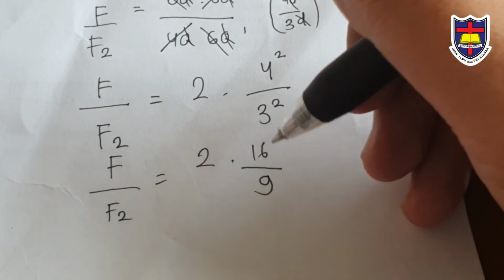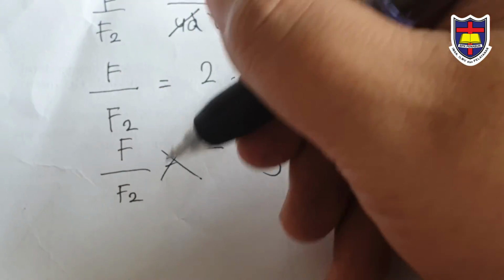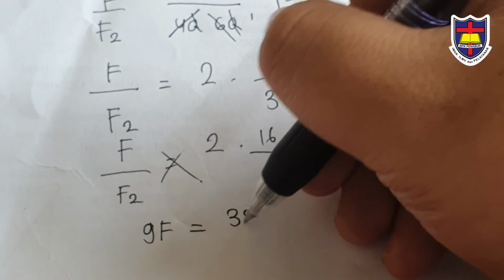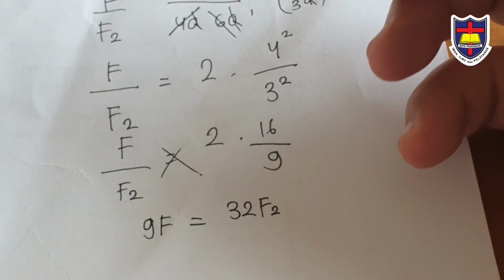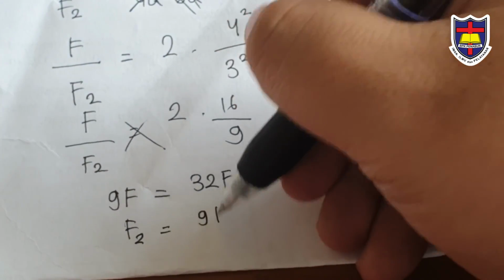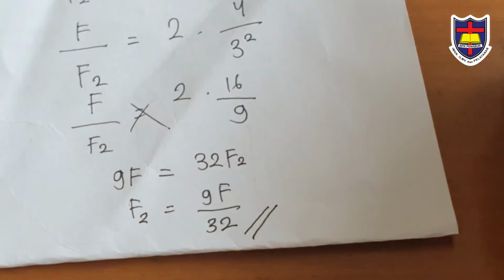This one we can cross multiply, so we have 9F equals 32 times second F. So we have the value of second F equals 9F over 32. So this is the answer.